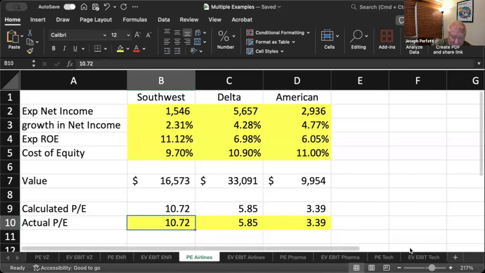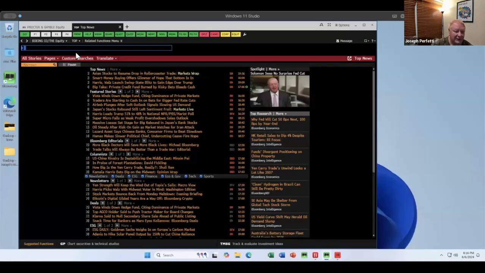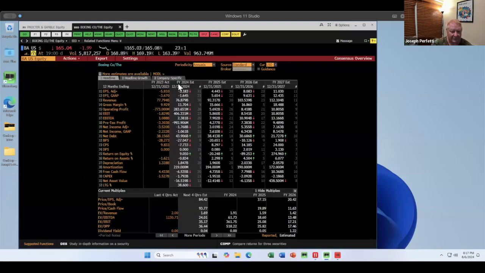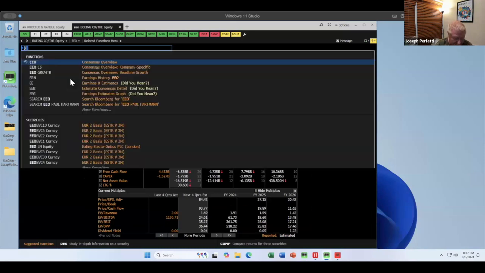And just as a reminder, go back to Bloomberg. Let's take, I don't know, use Boeing as an example because I'm here, EEO. So for example, this is forward year 2, okay, for Boeing right now, 1, 2, right? If I took Boeing's current share price, which today they closed at, where'd it go?